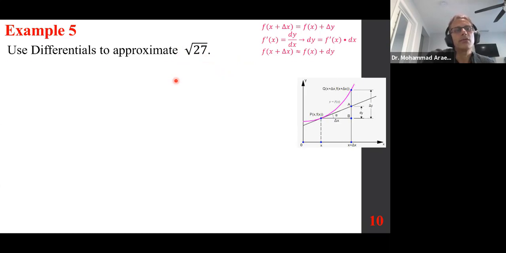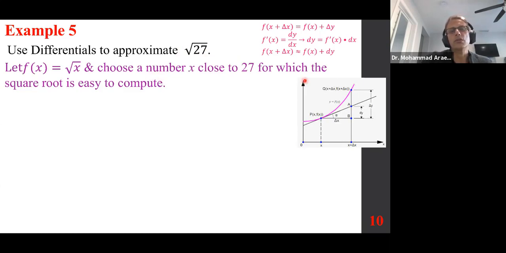So first we want the function, then we want to choose a number. And that number is 25, because we know the square root of 25 is 5. So if we choose 25, delta x is 27 minus 25, because from here we want to go up. Again, just to make sure we understand why.